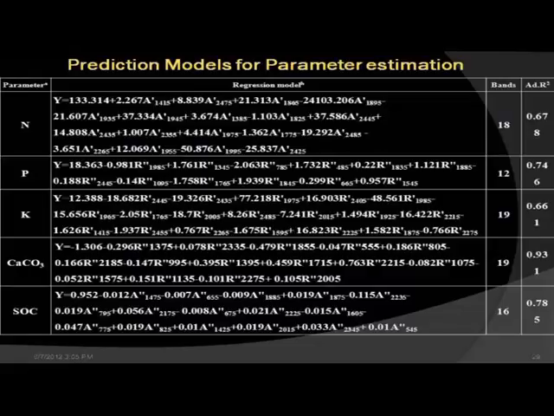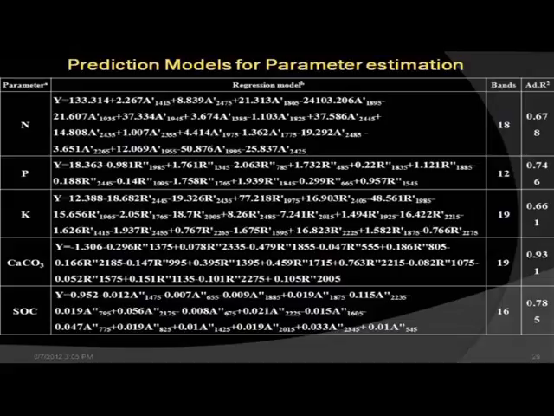Then, having identified these 18 variables using simple stepwise regression analysis, we could develop the prediction model. This is the prediction model for nitrogen, this is for phosphorus, then potassium, calcium carbonate, organic carbon. Like this, we have developed prediction models for almost all these parameters, and you can see how many bands we have and the adjusted R square.